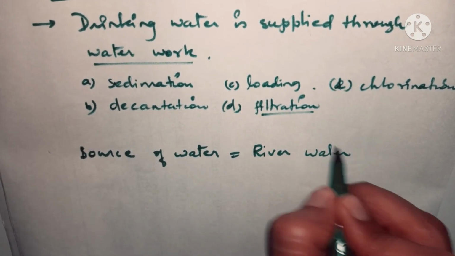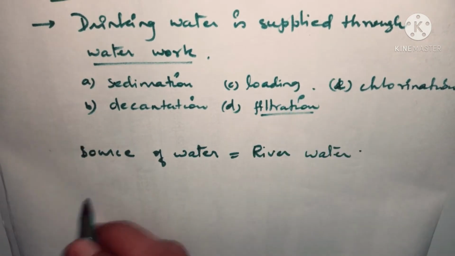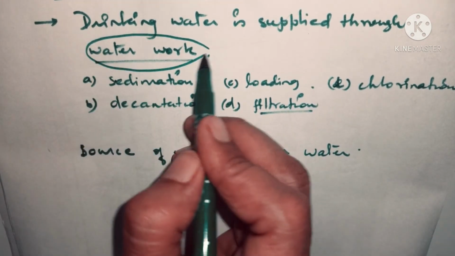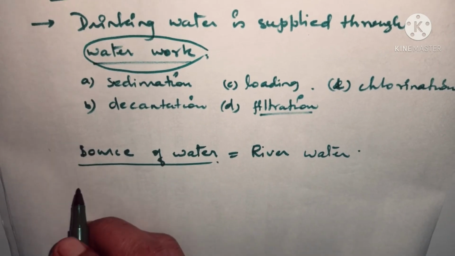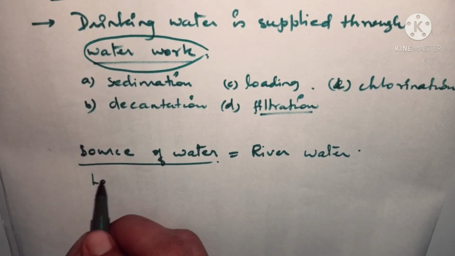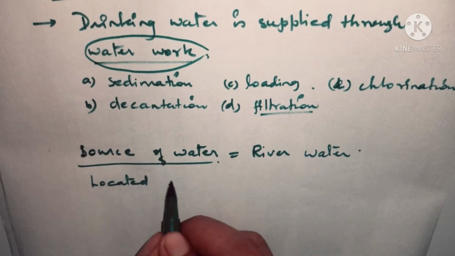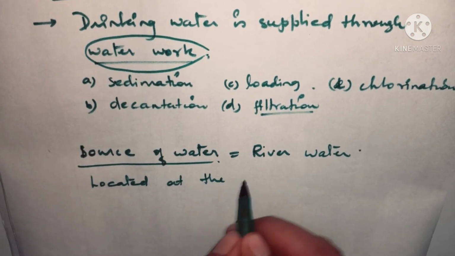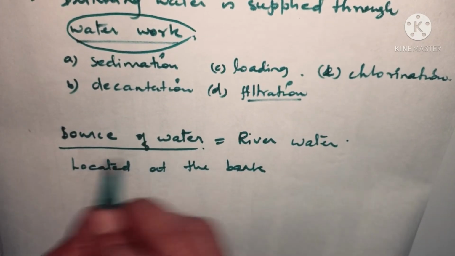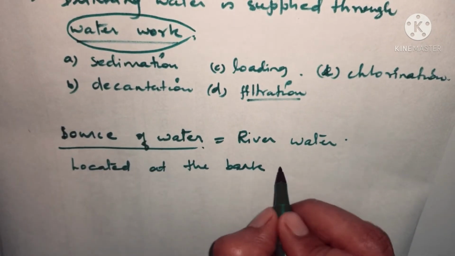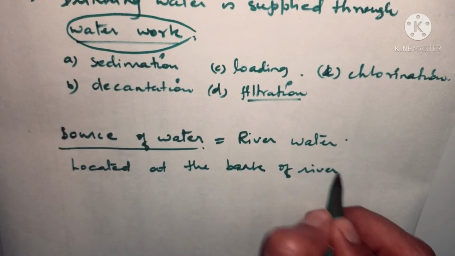This water work is generally located near the bank of the river. रिवर के किनारे ही ये बनते हैं, ठीक है, बनाए जाते हैं, at the bank of the river. And what is done in this?